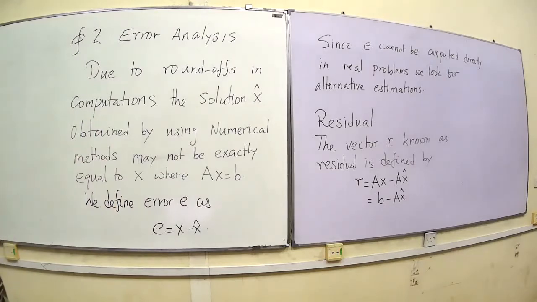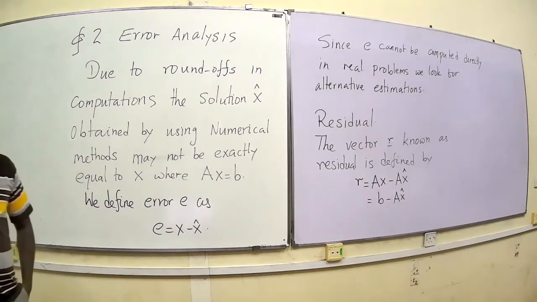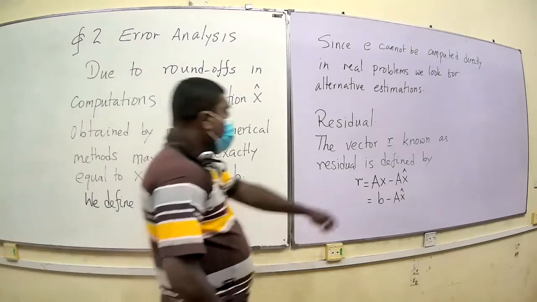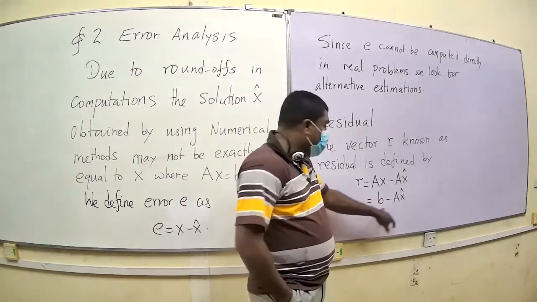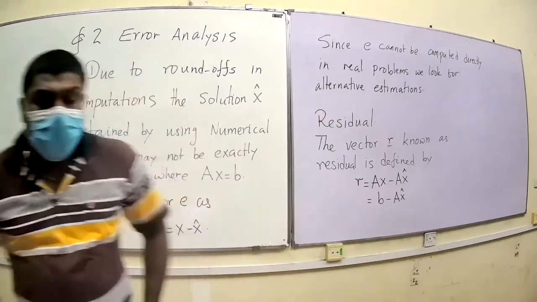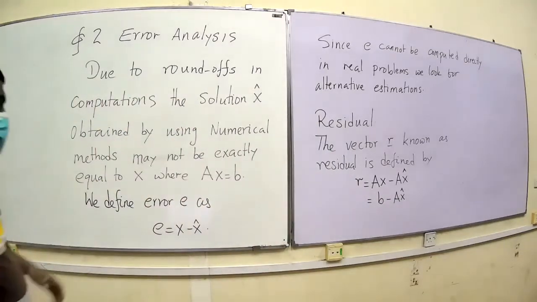So if you want to compute the residual, you have to look at the difference between the right hand side and the right hand side you get when you substitute the computed value, the approximation. This you can always compute because b is given, you know A, you know x hat. So you can always compute the residual, right?